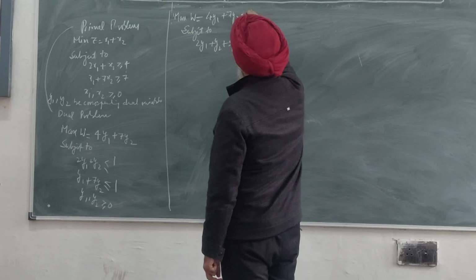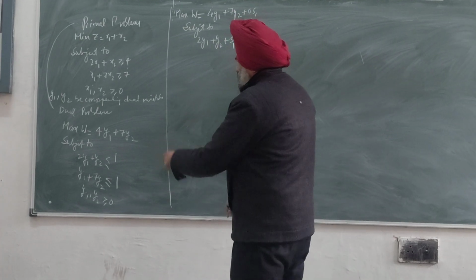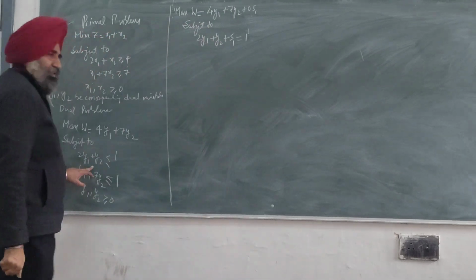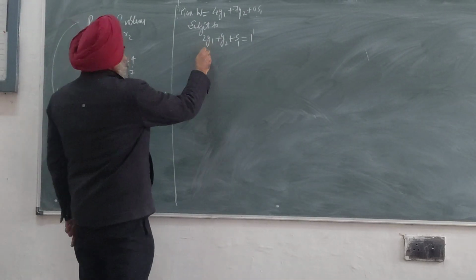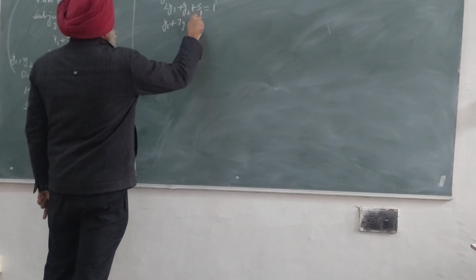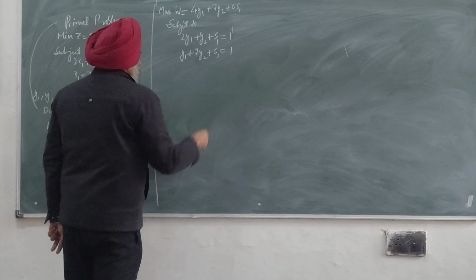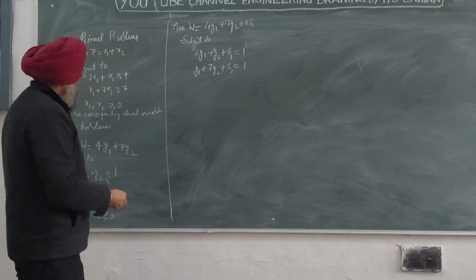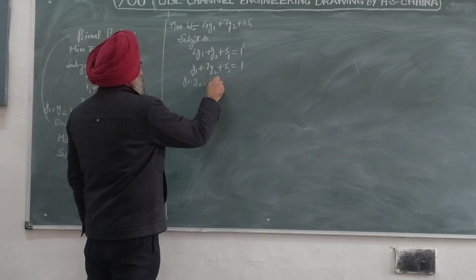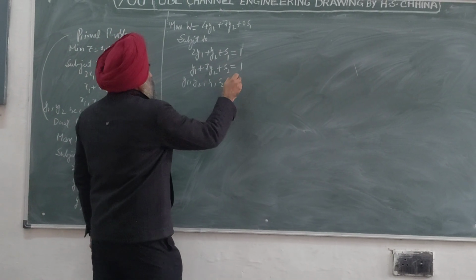We are going to introduce slack variable s1 because the left hand side is less than equals to the right hand side, so we'll have to add the value here. Similarly, y1 plus 7y2 plus s2 is equal to 1. Clear? Again, y1 comma y2 comma s1 comma s2 greater than equals to 0.